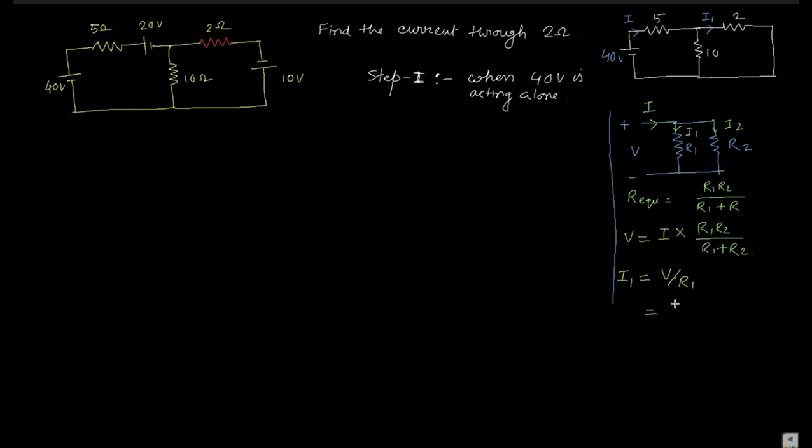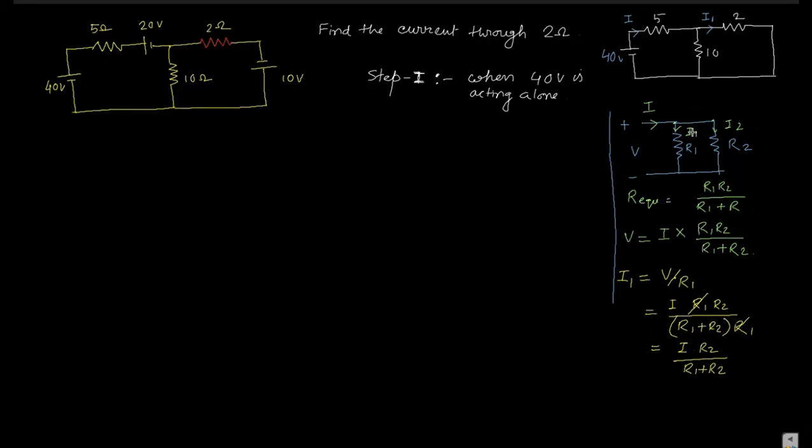V is I into R1 R2 divided by R1 plus R2, divided by R1. This R1 gets cancelled, so I1 becomes I into R2 by R1 plus R2.